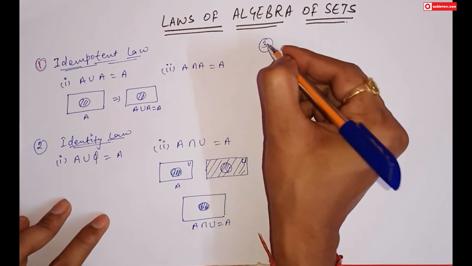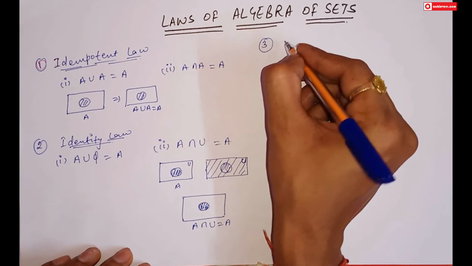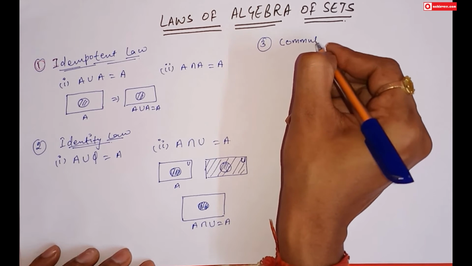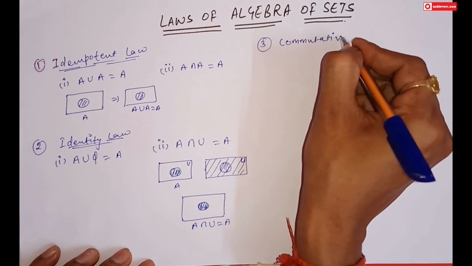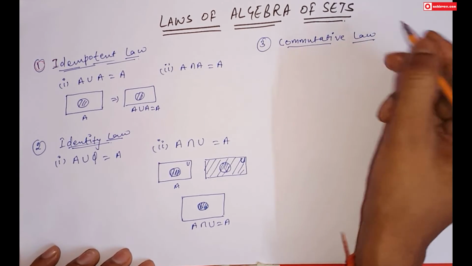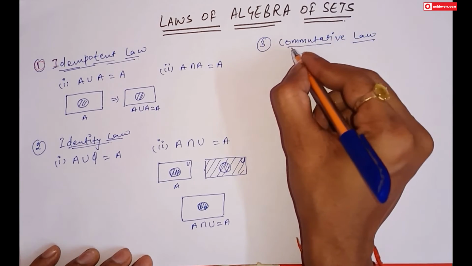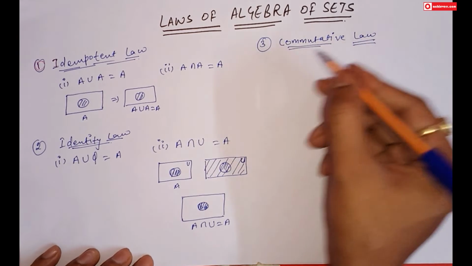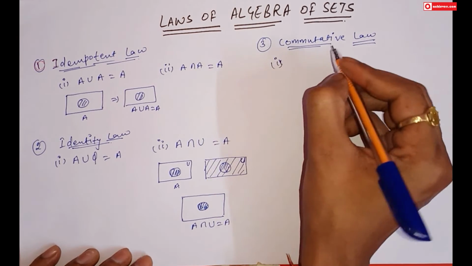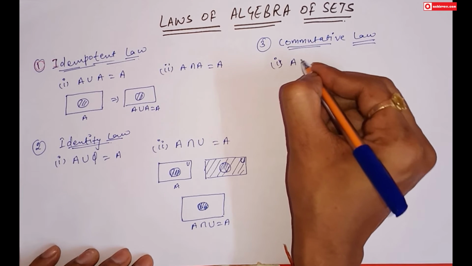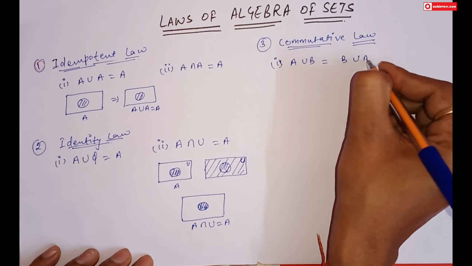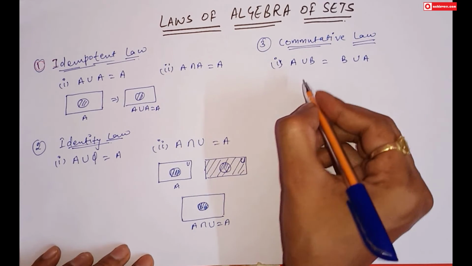So the third one is the commutative law. The commutative law is defined as, there can be two cases in this also. A union B is equal to B union A. We can prove this by Venn diagram.